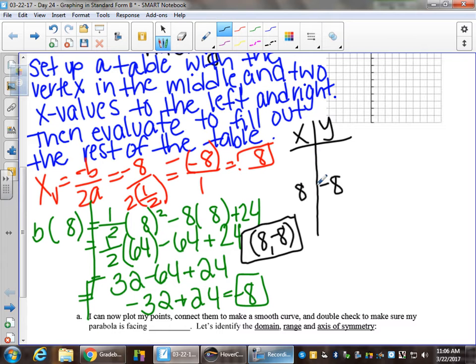So you're always going to have a total of 5 points in your table. What do you think we're going to write? Do you have any ideas what we're going to write? What are we going to write for my x values? 6, 7, 9, 10.